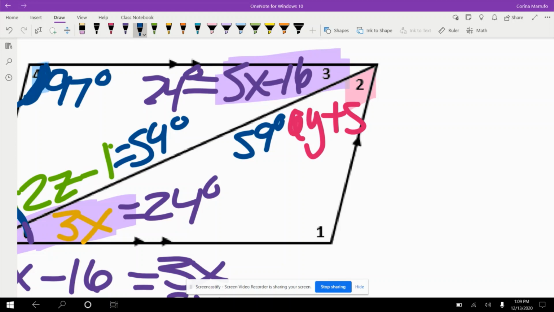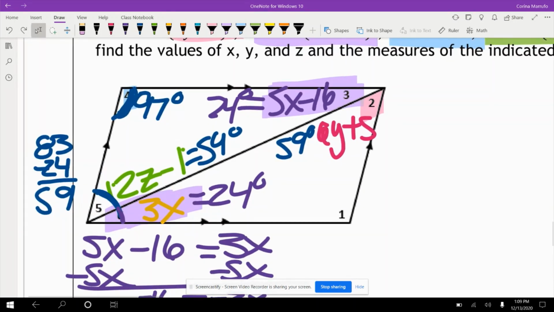Now we're still going to have to solve for z and for y, but I want to get angle 1 real quick. Since these two add up to 83, that means that angle 5 and 6 is same side interior with angle 1. So that means it has to be 97, so they add up to 180.